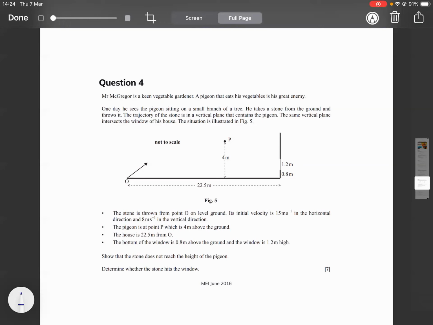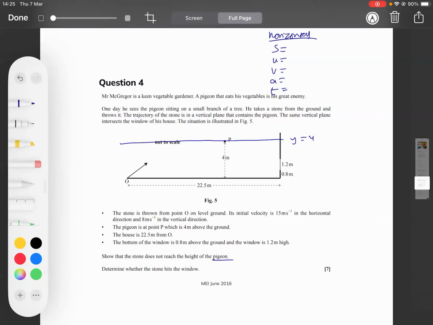For this question, the first part says show that it doesn't hit the pigeon. So the pigeon is on the line y equals 4. If we work out the vertical displacement of the projectile, we have S equals 4 basically.